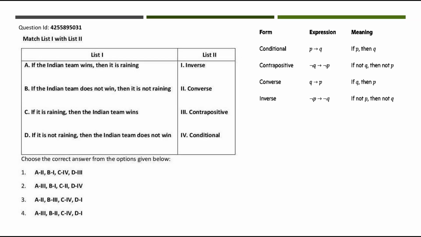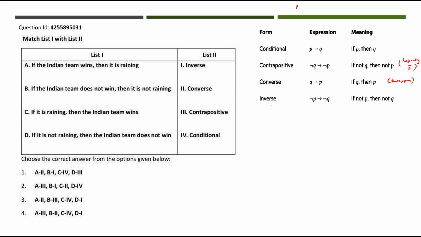Q implies P. If Q then P. What about inverse? Negation of P implies negation of Q. If not P then not Q. Converse is actually swapping the original conditional statement, and contrapositive is logically equivalent to the original statement.